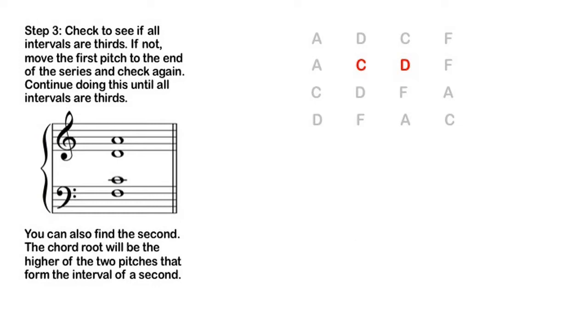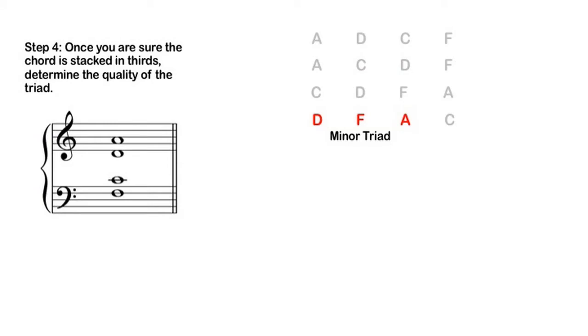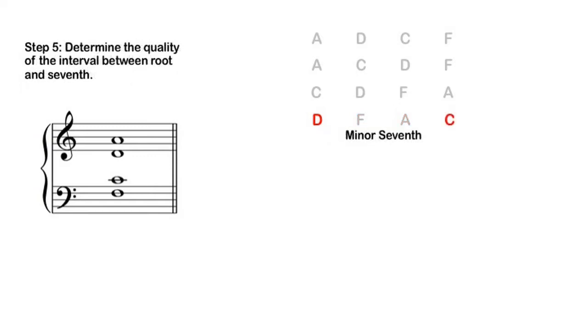second occurs. After I figure out which chord tone is the root, then I check the quality of the triad. In this case, it's a minor triad. And then I check the quality of the chord seventh. In this case, it's a minor seventh.